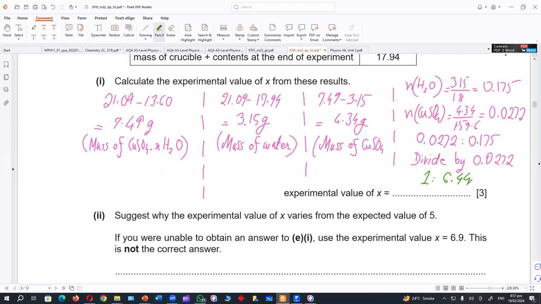It's still the same. So let's keep this number with us.